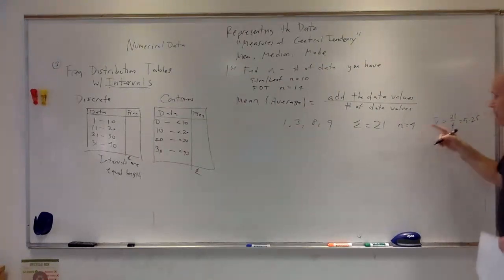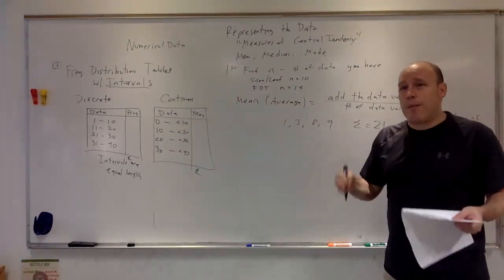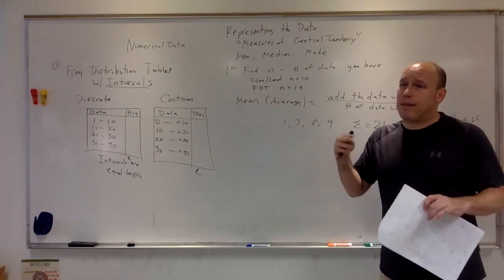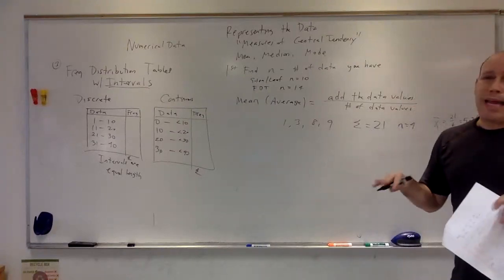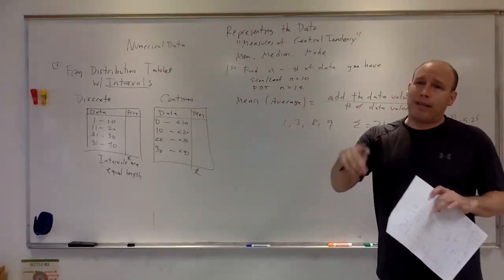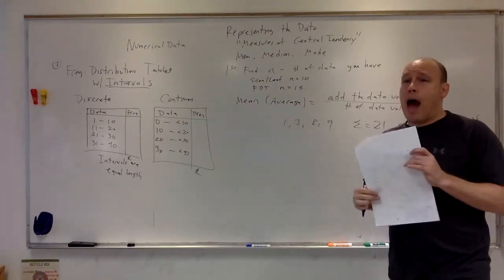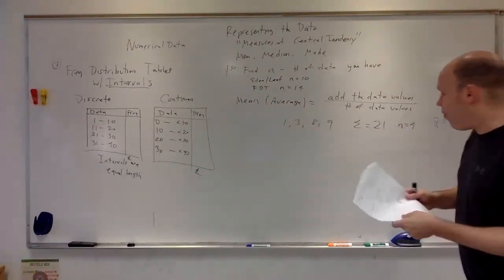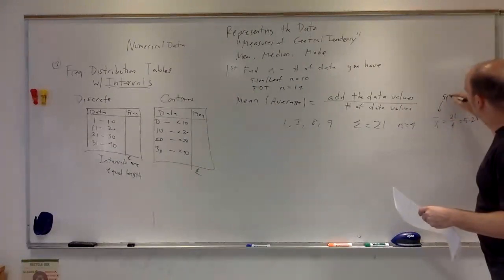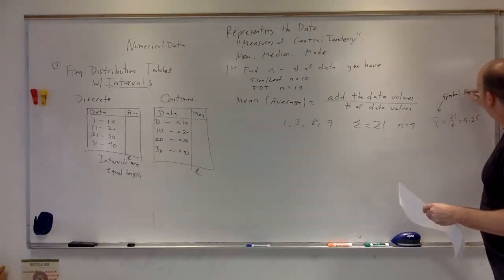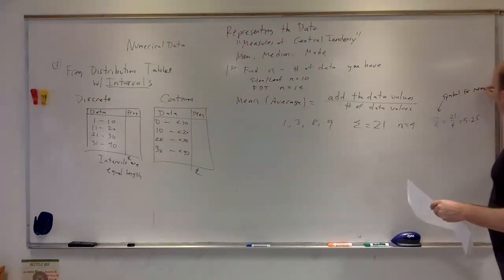This is the symbol for the mean. Something I didn't talk about is the sample versus a population. We're not getting into it in this course, but you might have to in your science classes. We're just going to use this symbol for the mean.